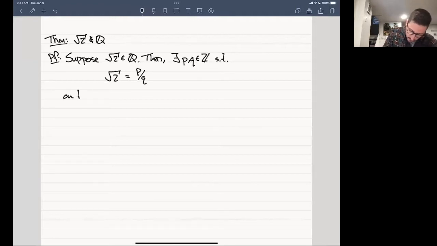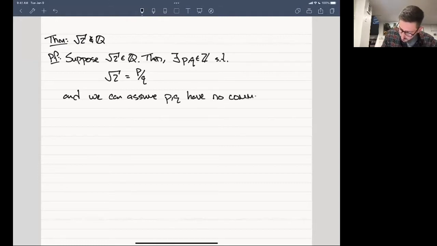And we can assume p and q have no common factors. This is a very critical point of this proof, and it's an easy thing to have, because we are just going to reduce the fraction so that it is in its lowest possible form.